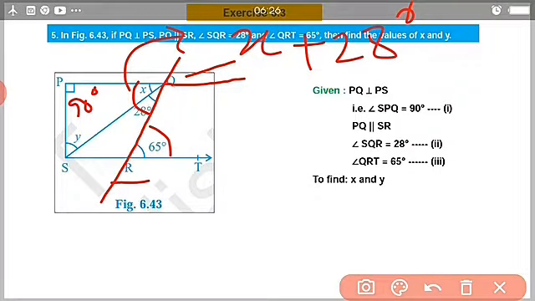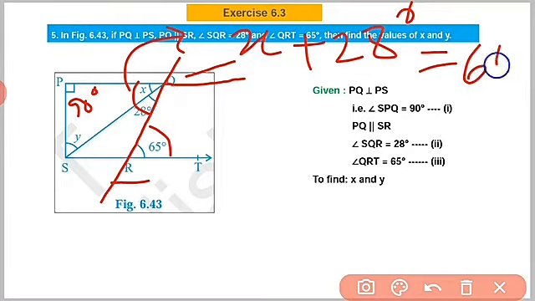So it will be equal to 65 degree. Why? Because PQ is parallel to SR and RQ is a transversal and these are alternate interior angles.